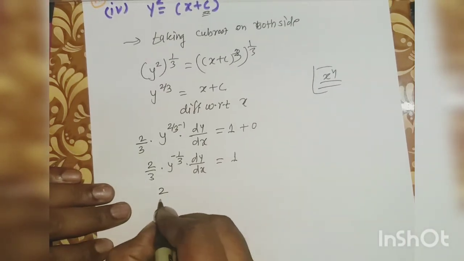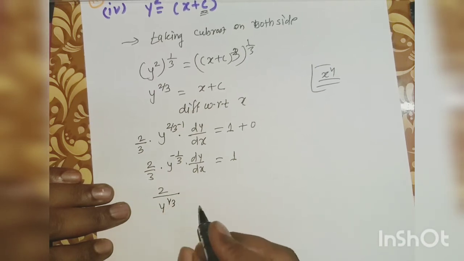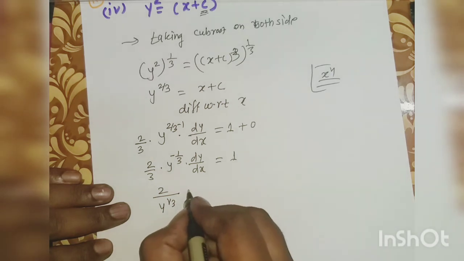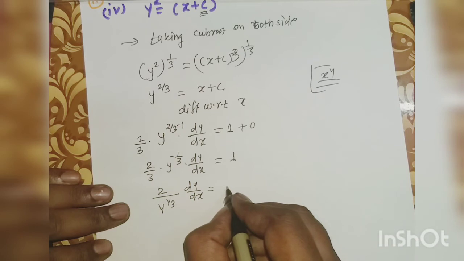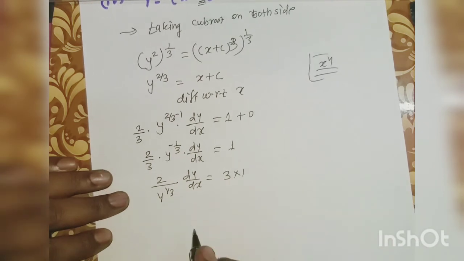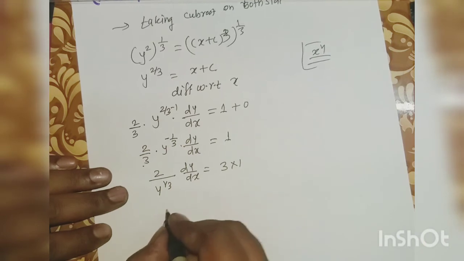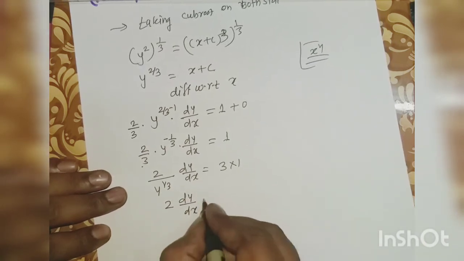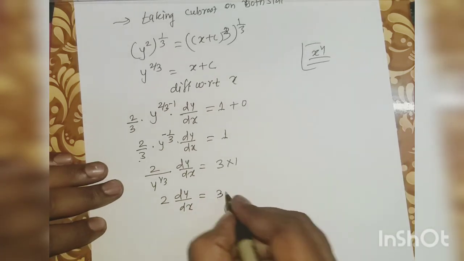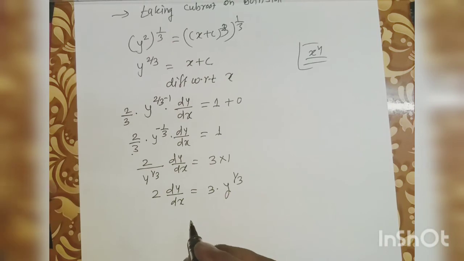So 2 divided by y raised to 1 by 3 dy by dx is equal to 3 into 1. Multiplying both sides by 3, we can also write 2 dy by dx is equal to 3 into y raised to 1 by 3.